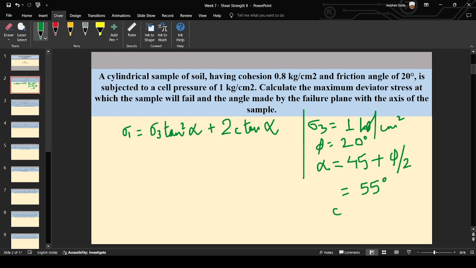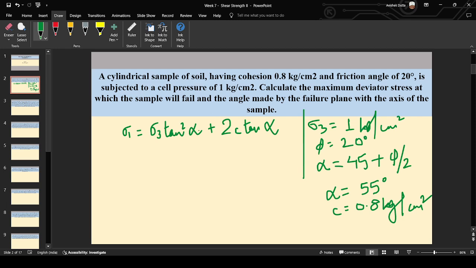and we have the value of cohesion given as 0.8 kg per centimeter square. So now putting everything in this equation, sigma 1 equals sigma 3 tan square alpha, alpha equals 55, plus 2c tan alpha, c is 0.8, 2 into 0.8 into tan 55 degree.